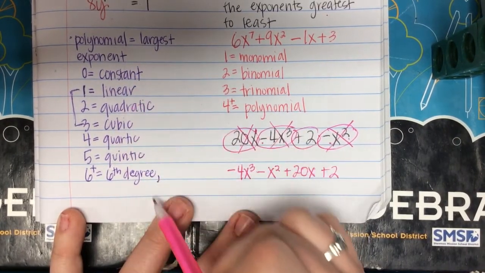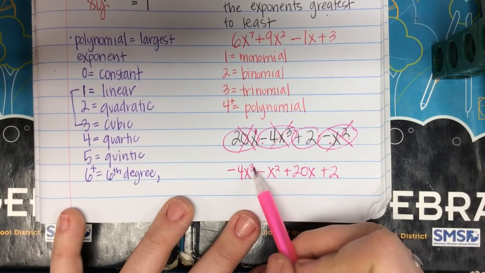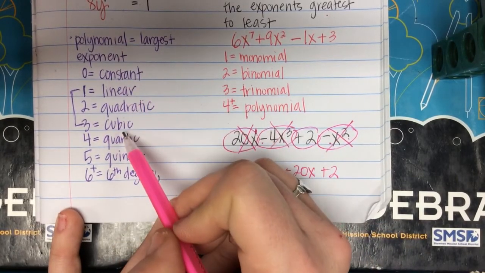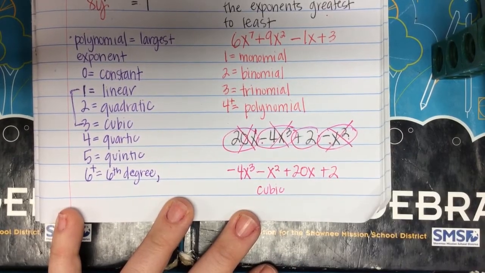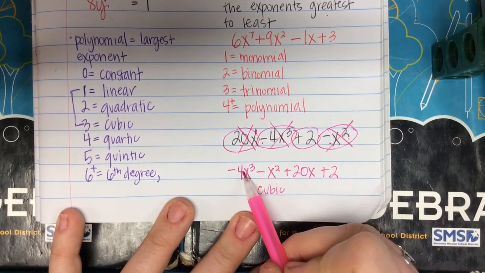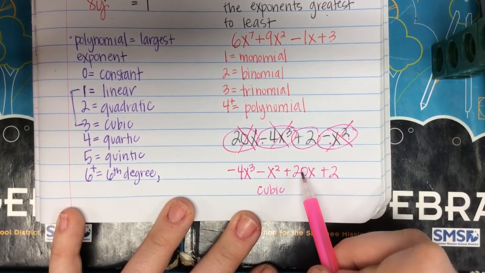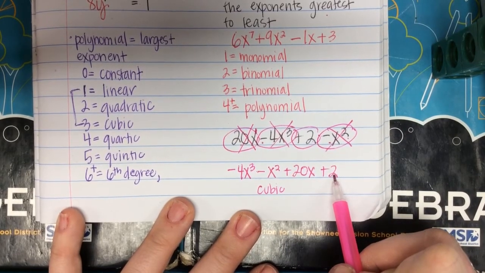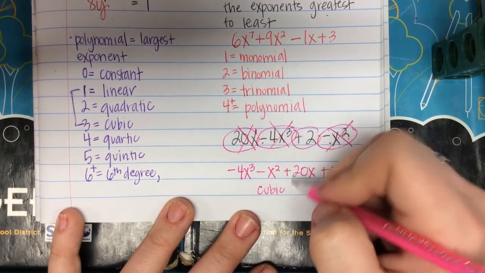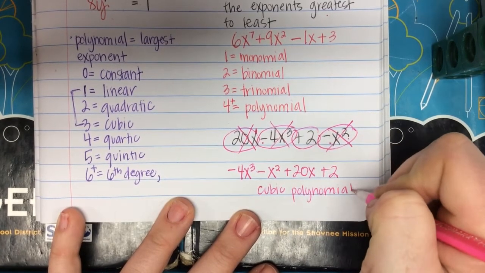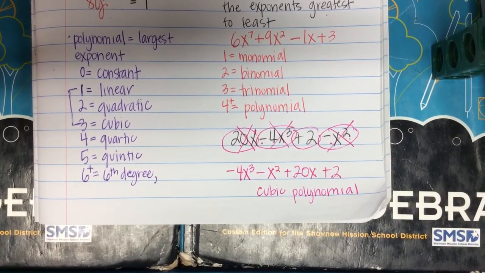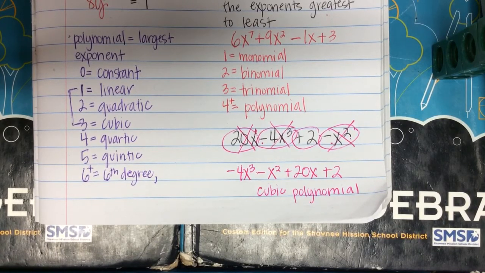Then I look. My largest exponent is a 3, so I know this is cubic. And there are 1, 2, 3, 4 terms, polynomial. The last thing it may ask you is, what's the leading coefficient?